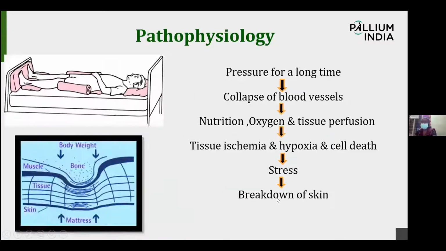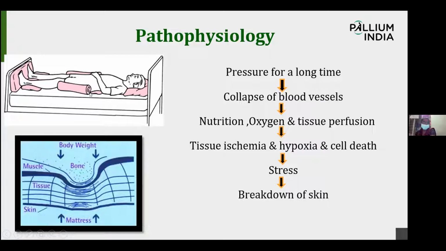So let's see what is the pathophysiology of pressure ulcer. You can see a patient lying on a bed. If a patient is lying on a bed, what happens? Because of the body weight, the bones are compressed. Because of the body weight, the tissues may not get adequate blood supply. So here you can see pressure for a long time.